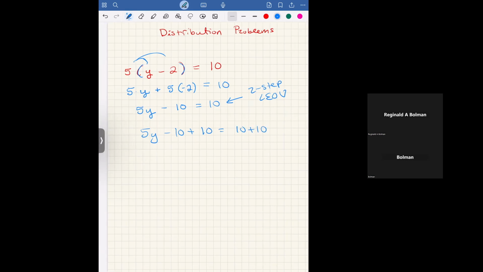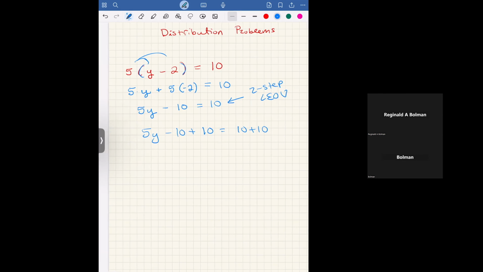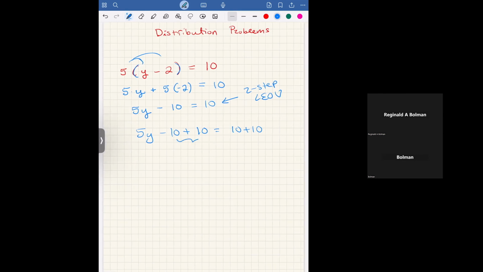In this case, your additive inverse of a -10 will be a +10. By adding 10 to both sides, you will have 5y plus 0 is equal to 10 plus 10 gives you 20. 5y plus 0 just gives you 5y. You now have a 1-step LEOV.